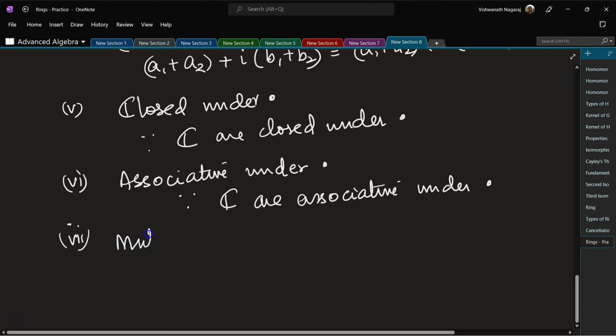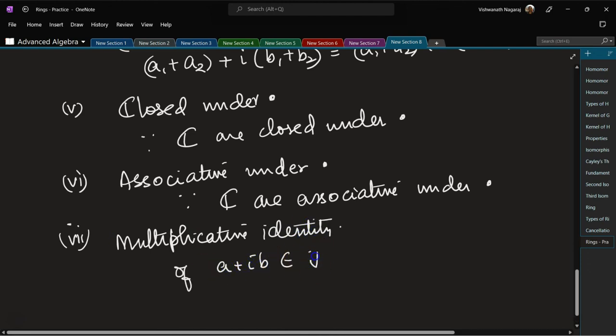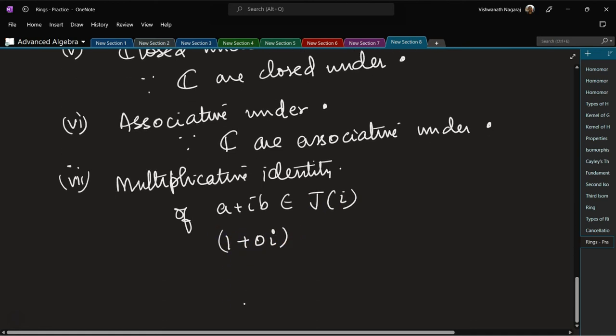So the multiplicative identity of a plus ib belonging to Z of i would be 1 plus 0i, right? Anything multiplied by 1 is the number itself. So we just put the 0 in the imaginary part. And this also belongs to Z of i.